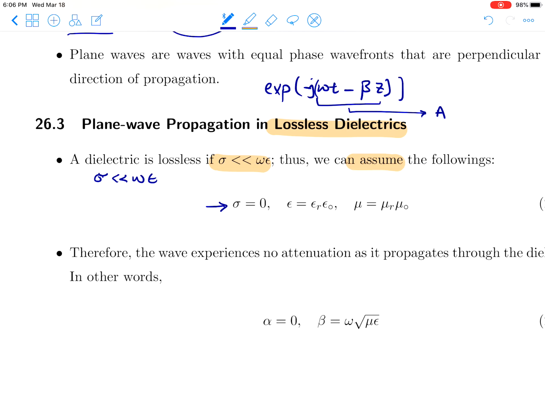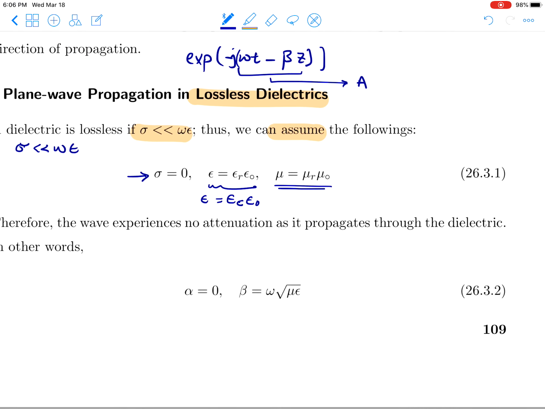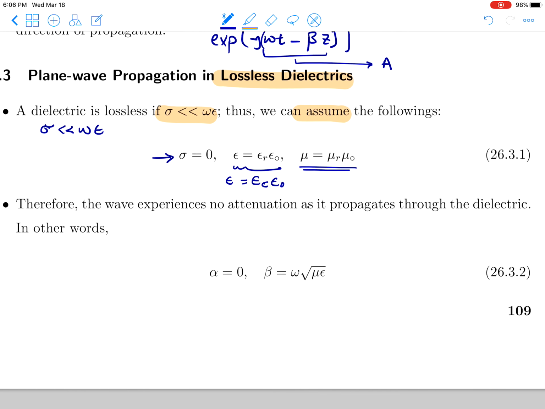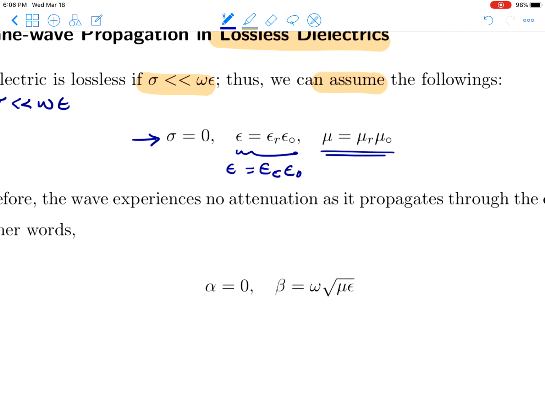We can assume that the conductivity is zero, and the permittivity is real, it's not complex. Remember, for general lossy media, we used to have complex permittivity. And the permeability is also real. So this allows us to simplify a lot of things.